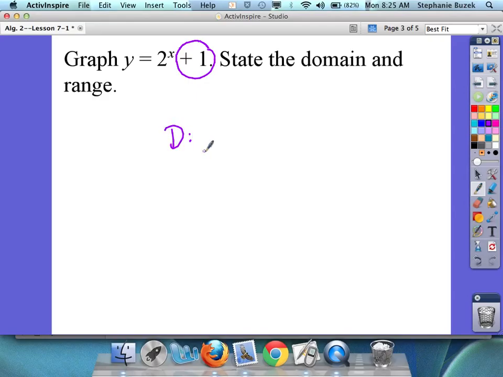What's my domain going to be? My domain's going to be what? All reals again. What's my range going to be? All reals greater than 1. So that's what it's going to affect. It's going to affect your range because it's no longer going to be going down that low.